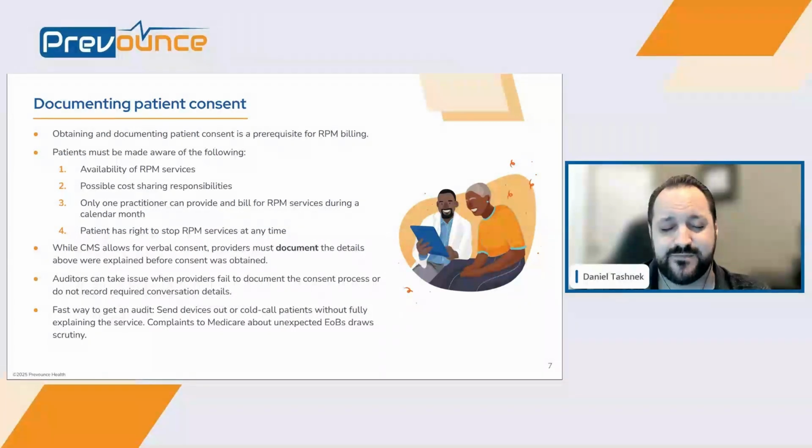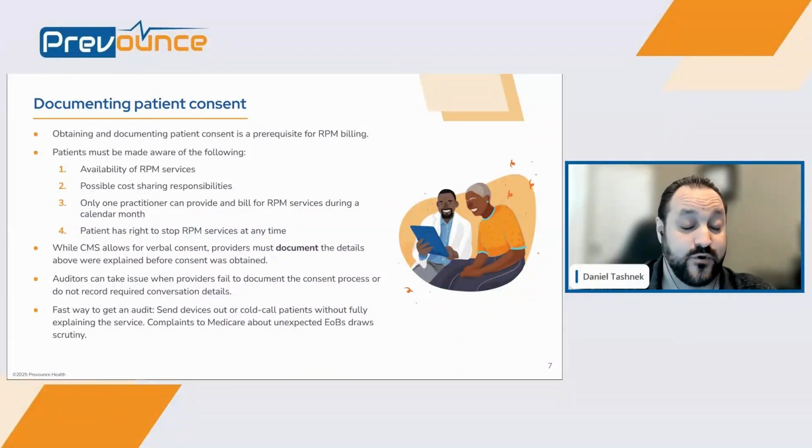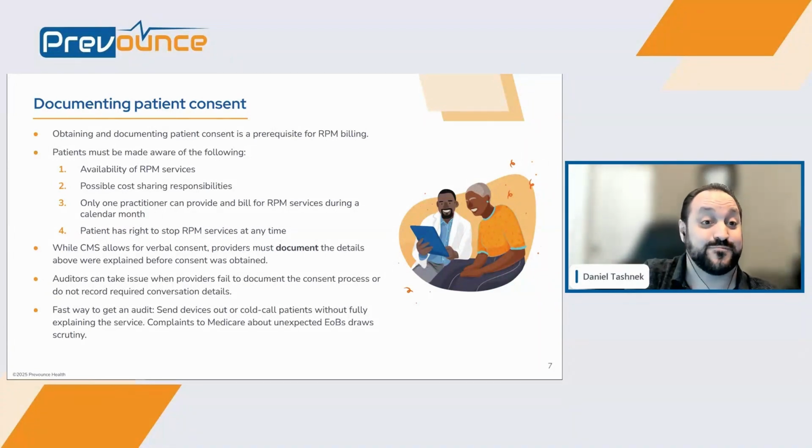So setting expectations ahead of time with your patients and making sure they understand the program, what they're going to get out of it, what they're expected to do, when the device is going to come in, is hugely important from both a compliance perspective, but also just from having a legitimate program that can be scaled out without a bunch of angry patients. And it's surprising how often this is not buttoned up, given that once you get the workflow, it's very repeatable and very easy to keep going.